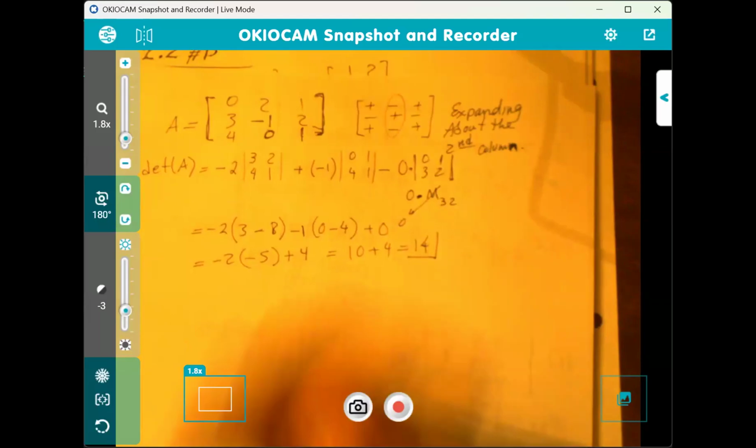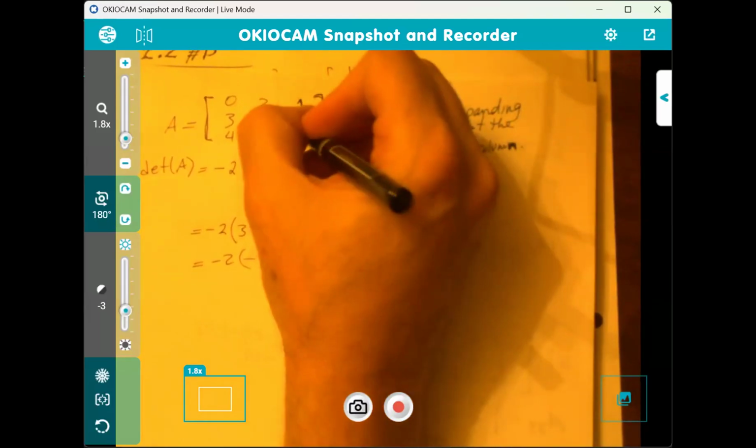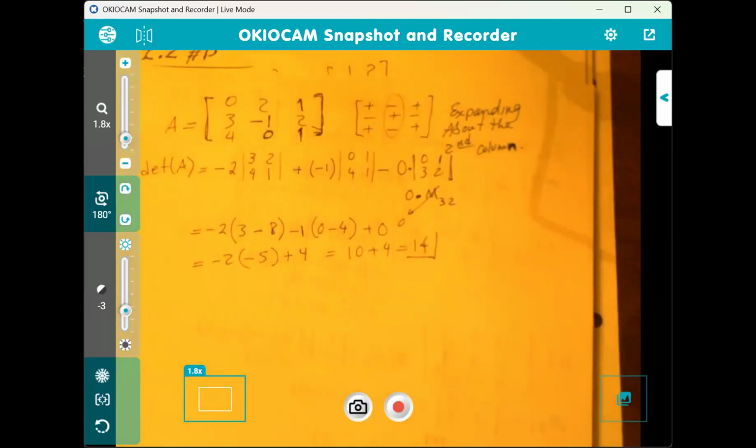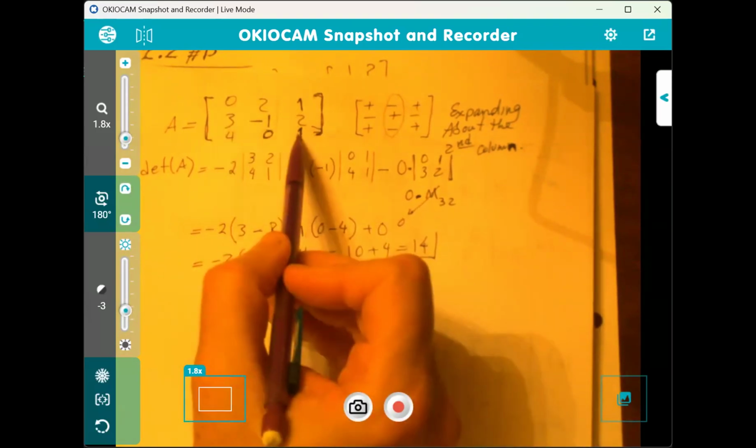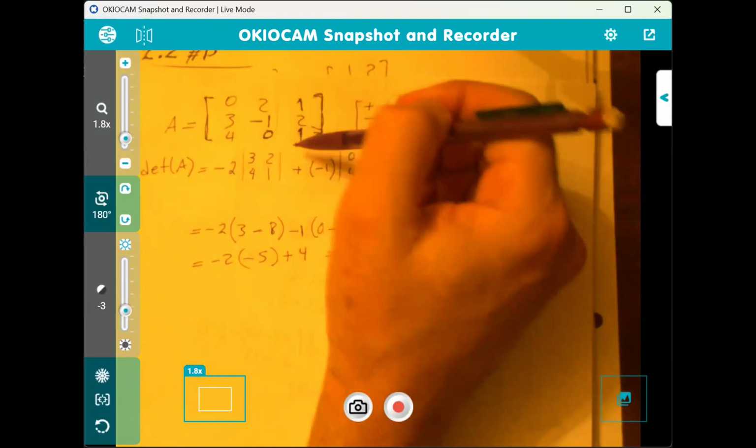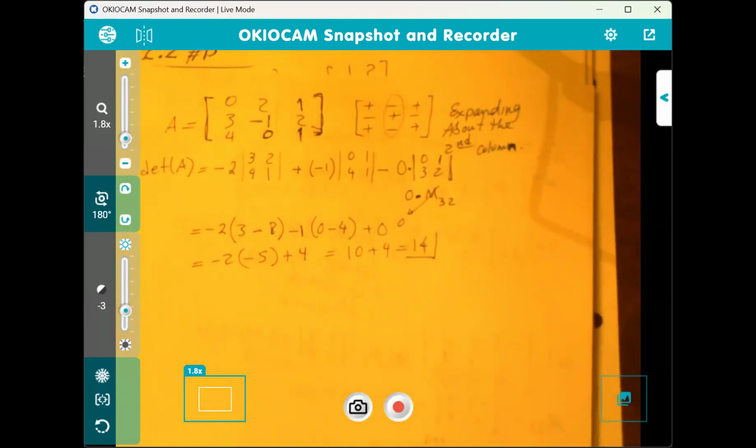Now, if we were to do this by hand, and in a moment, I'm going to actually go to the website, that second link in our canvas, and we're going to do this, and you're going to see, okay, well, it's kind of crazy how we do this by hand when technology is there, and you're right. But again, I just wanted to show you that there are 1, 2, 3 ways you can do the rows, 1, 2, 3 ways, 6 in total ways you can find the determinant.